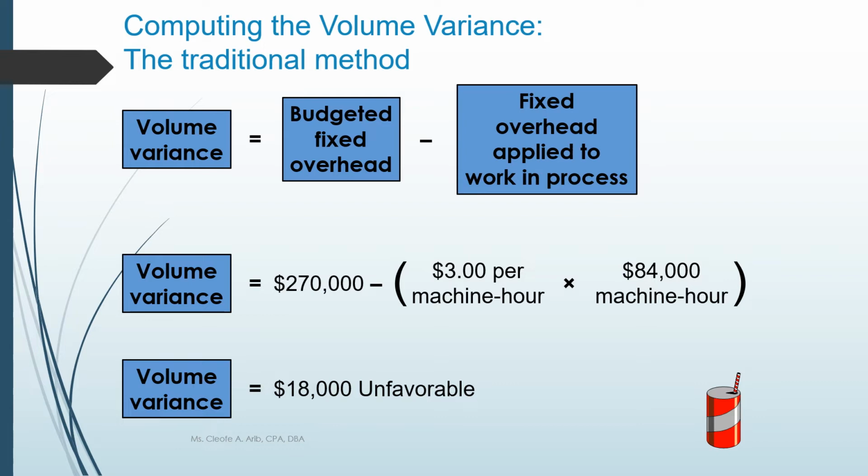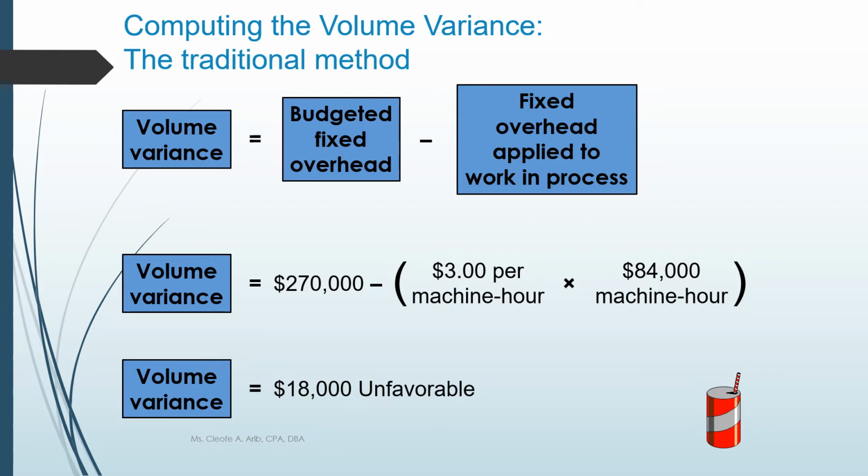Now, the question is, ma'am, how did you compute the 84,000 machine hours as your standard machine hours? If you go back to the previous slides, the given, you will see there that the number of units actually produced is 28,000 and the number of hours allowed based on our budget for each unit completed is 3 hours.